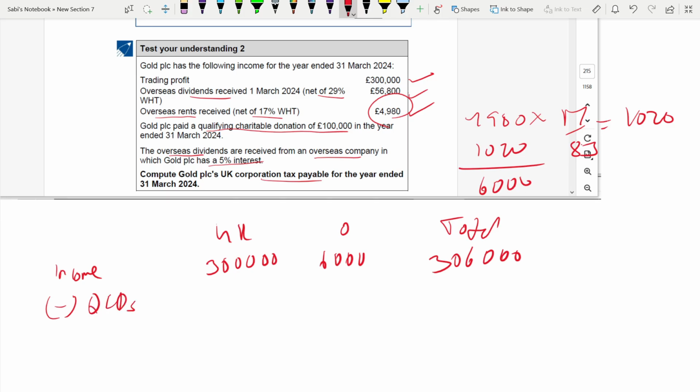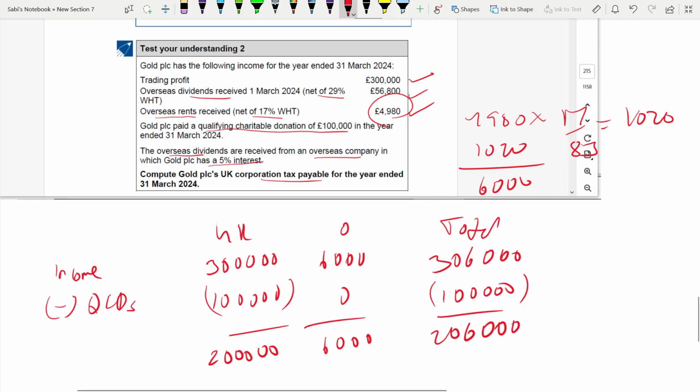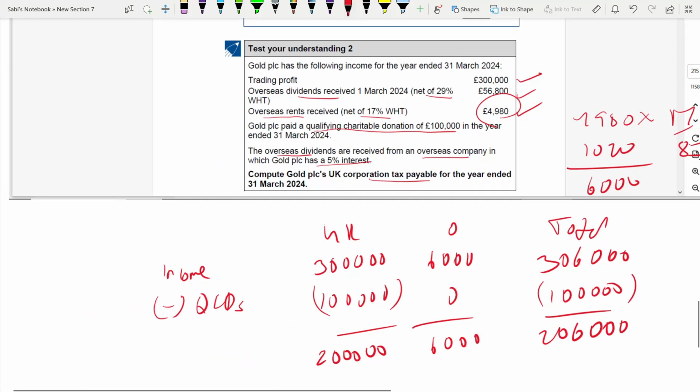Deduct QCD of 100,000 from UK income. Then this is 200,000, 6,000, 206,000. This is your TTP. Do not forget TTP.